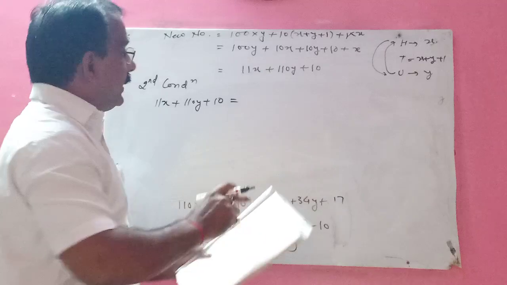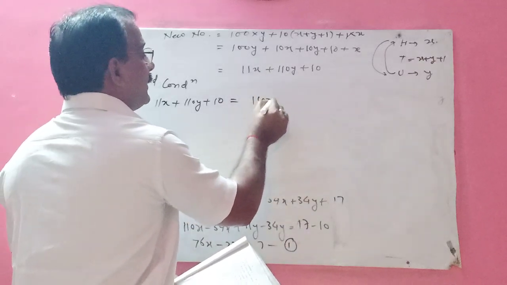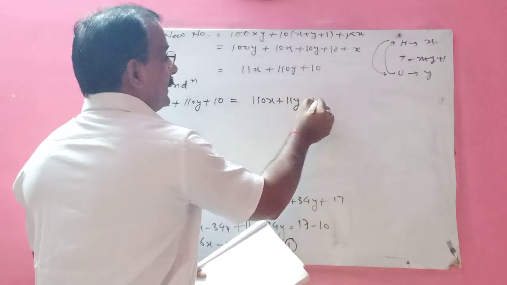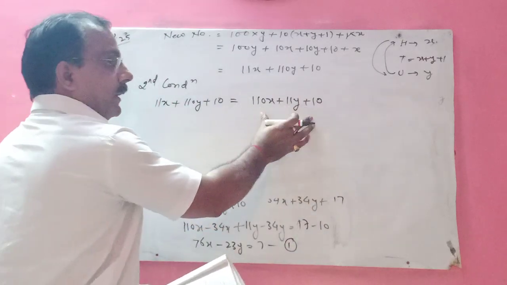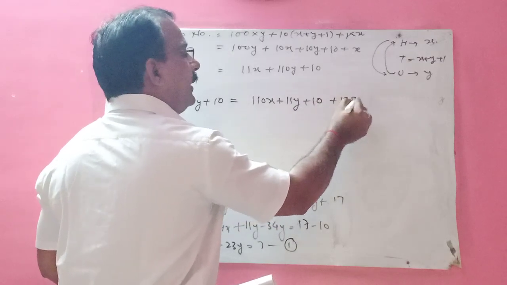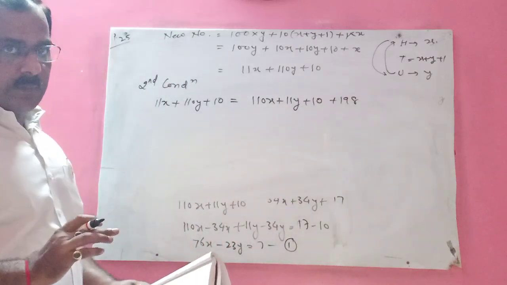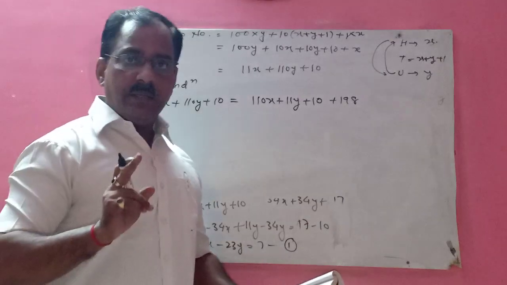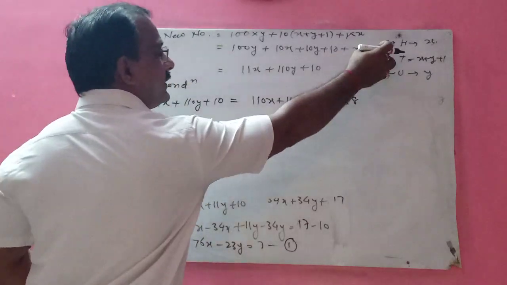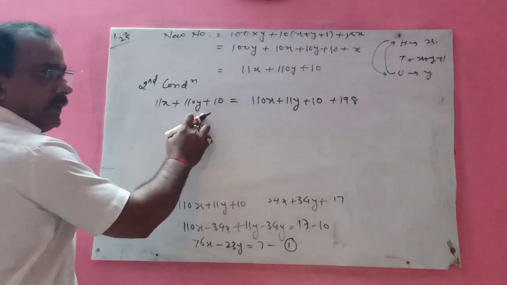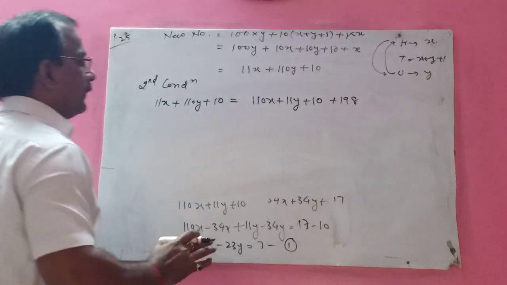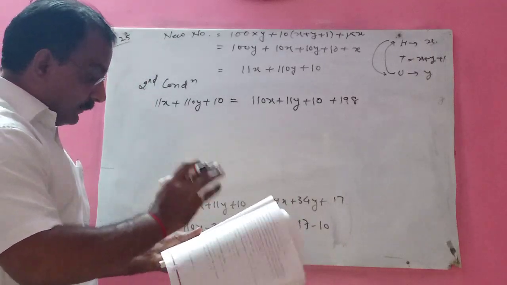Your old number is 110x plus 11y plus 10. So the old number plus 198 is equal to the new number. Got it? This is your second condition. After reversing the digits, the new number which you will get is 198 more than the old number. And now take down these numbers here.